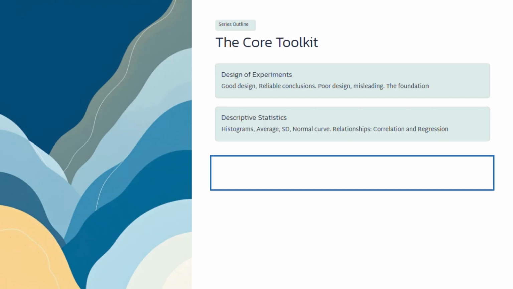It's the art of summarizing a big chunk of data into meaningful forms of information. You will learn about histograms, the average, the standard deviation, and the normal curve. These are the core concepts of descriptive statistics.